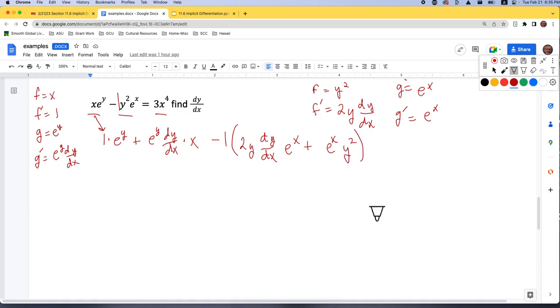Okay, and then now I would distribute my negative through. But again, maybe you could have had that in the beginning. And then on the other side of the equal sign, 3x to the fourth. The 4 comes down, giving us 12.